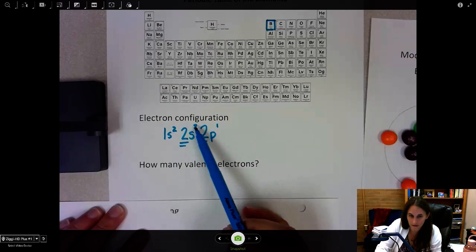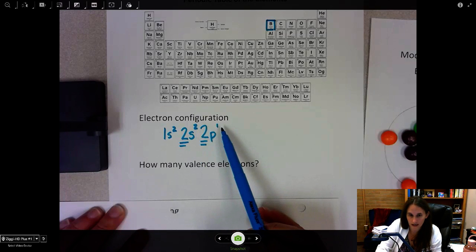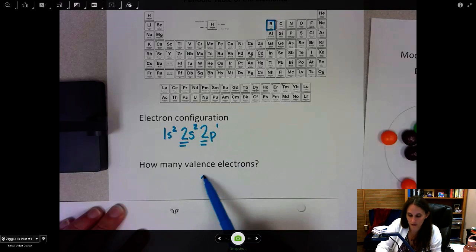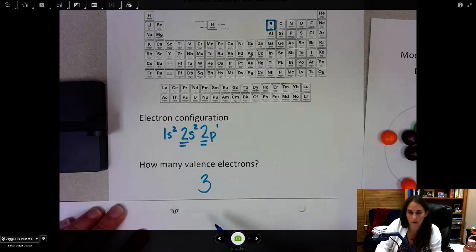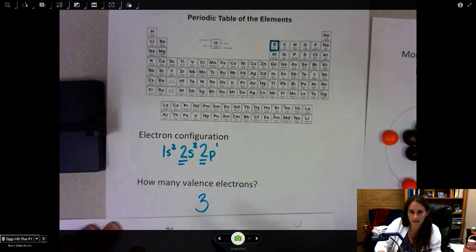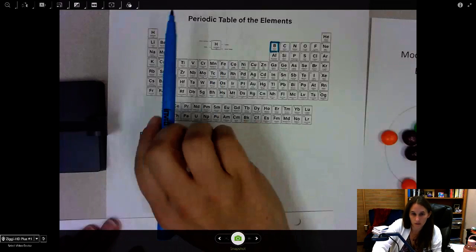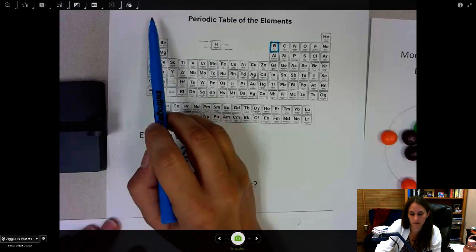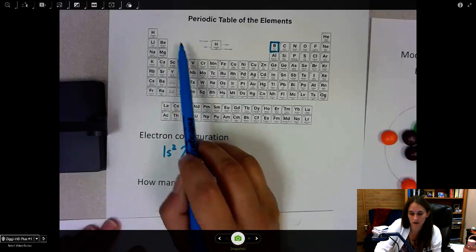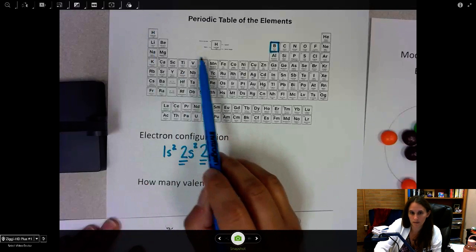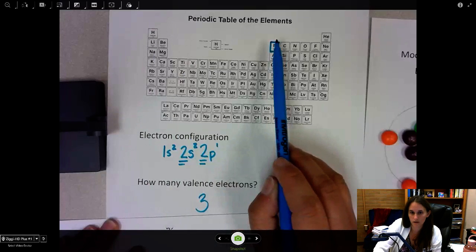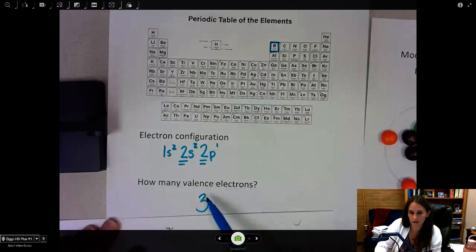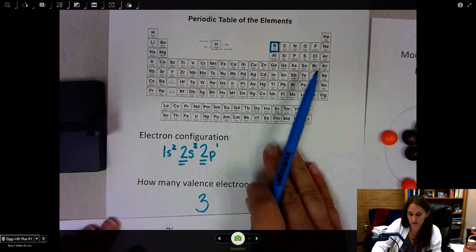So I can see I have 2 here, and I have 1 here. So that would be 3. And we've talked in class about how we can also use the periodic table by counting the columns, but we skip the transition metals. So 1, 2, skip a few, 3. It's the same number. That's good. That means we're probably doing it right.